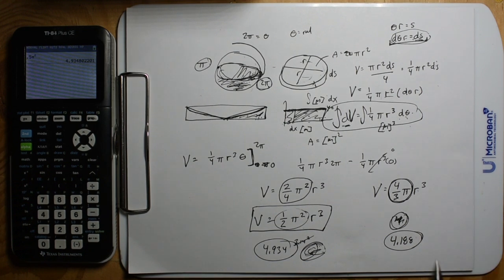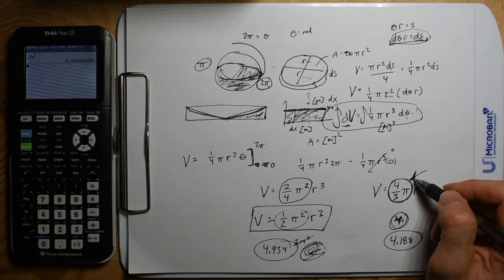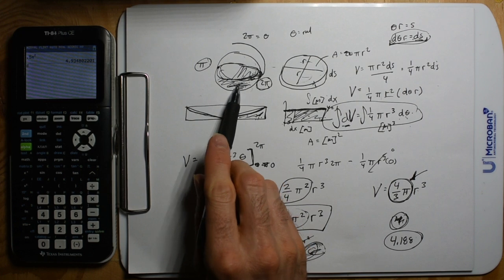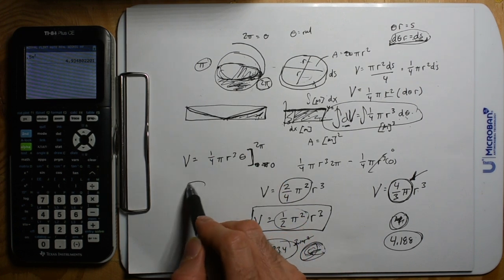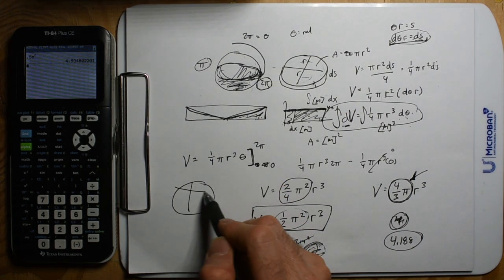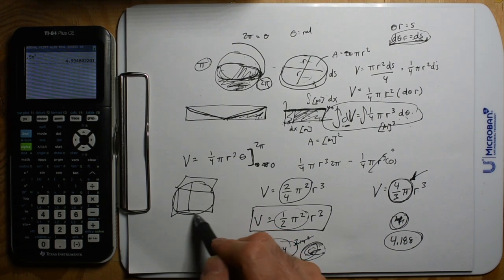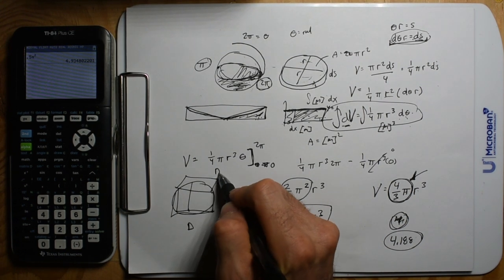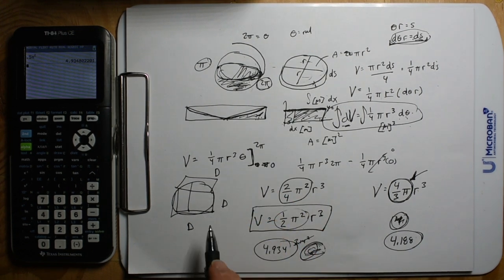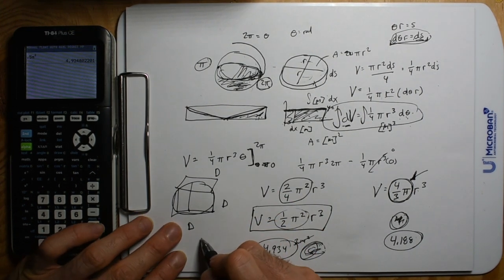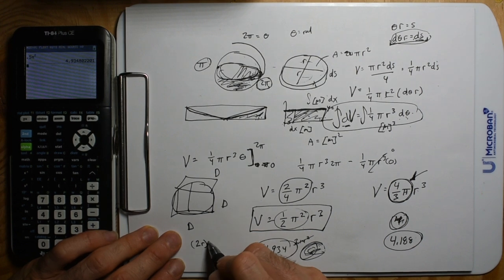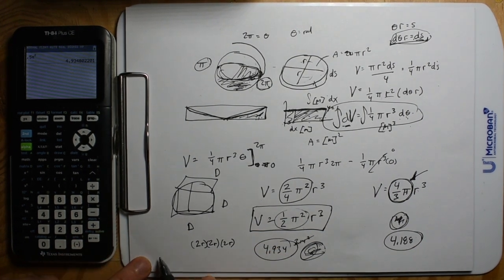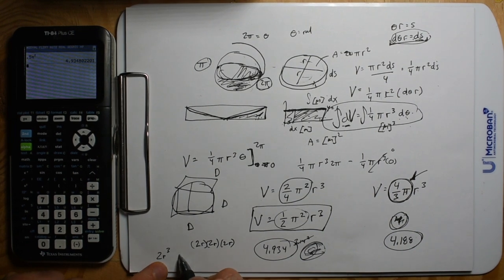If I had no idea what this equation was, I am statistically closer to understanding the volume of a sphere compared to just saying, hey, maybe it's just a big cube with sides D, D, D. Because if that was the case, then all these sides would be 2R, 2R, 2R, and this would be 2R cubed, which would be 2 cubed R cubed.